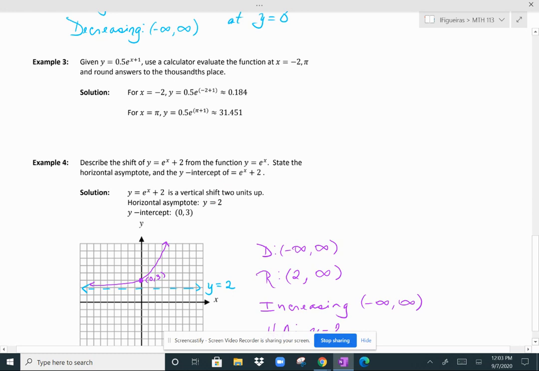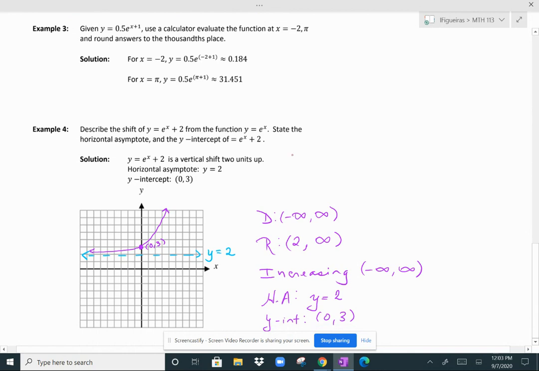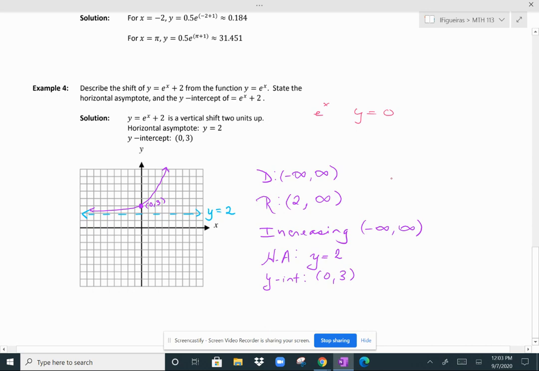All right, so it's a vertical shift up 2 units, which means that your asymptote will also shift. For y equals e to the x, the asymptote is at y equal to 0. So when you shift up 2 units, your asymptote is at y equal to 2.